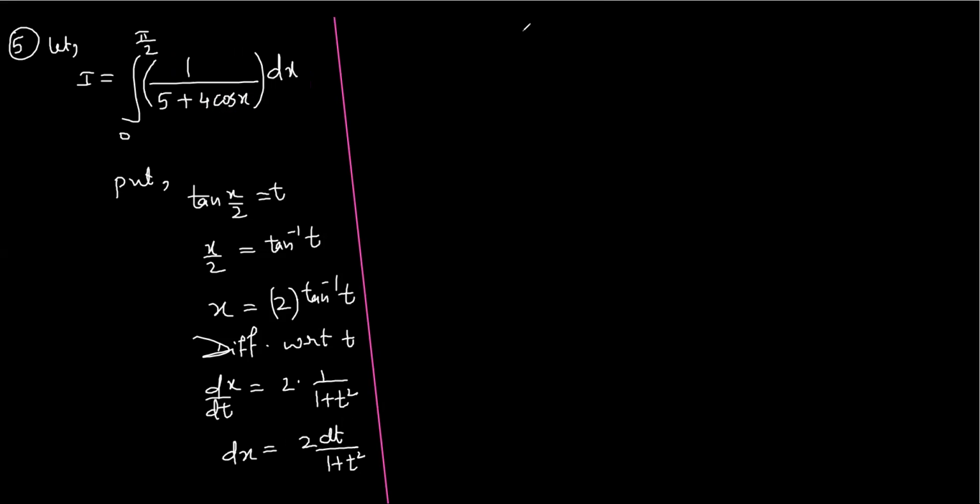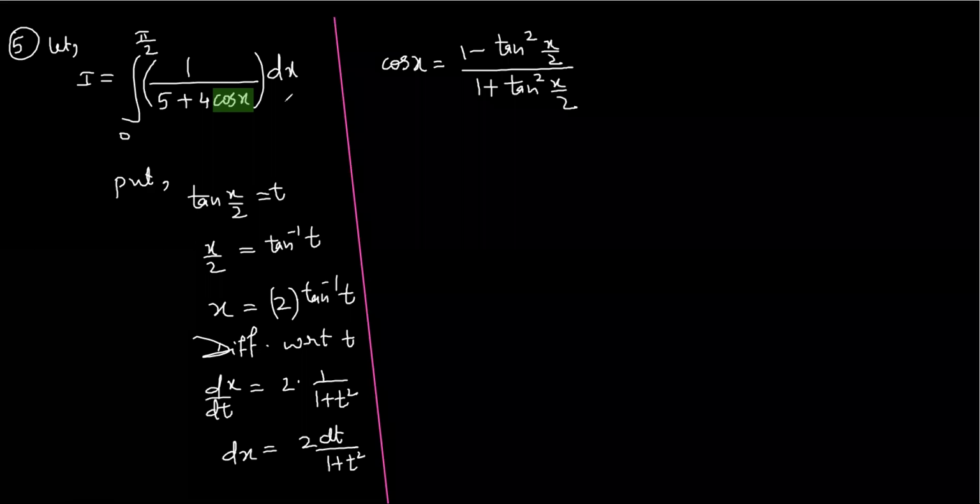The idea is very clear. This cos x I had thought of writing using the formula as 1 minus tan square x by 2 upon 1 plus tan square x by 2.